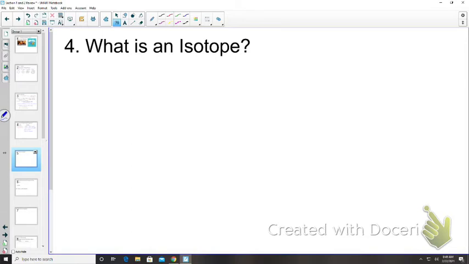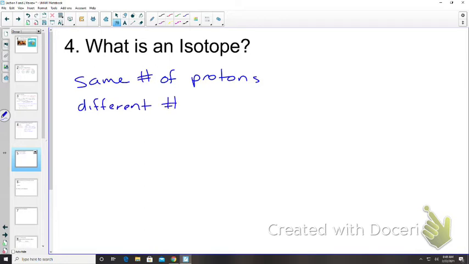So an isotope is the same number of protons, different number of neutrons. Okay, so I've given you the carbon 12, carbon 13, carbon 14 example. Well, we can talk about it again.